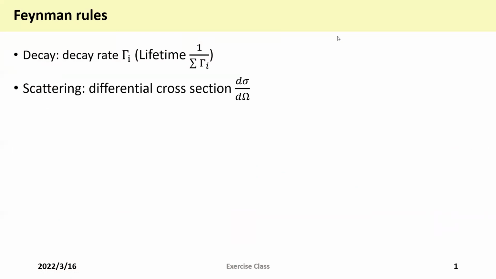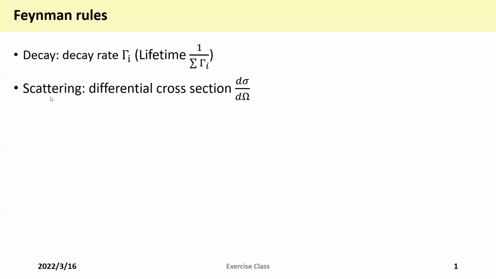Okay, so for today's exercise class, we'll discuss a new topic, which is Feynman rules. So in particle physics, we have two important quantities. First, for a decay process, we want to find the decay rate, which is related to the lifetime.